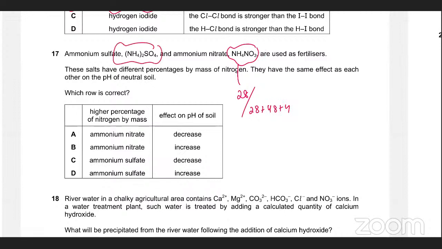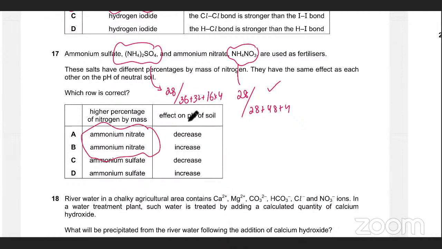The other one would also have 2 nitrogens, so that's 28, plus NH4 is 18 plus 18, that's 36, plus sulfur is 32 plus 16 times 4. I just suspect that this one has a greater percentage. You can do your calculation. It's going to be NH4NO3. That's my hunch. You can do the math.